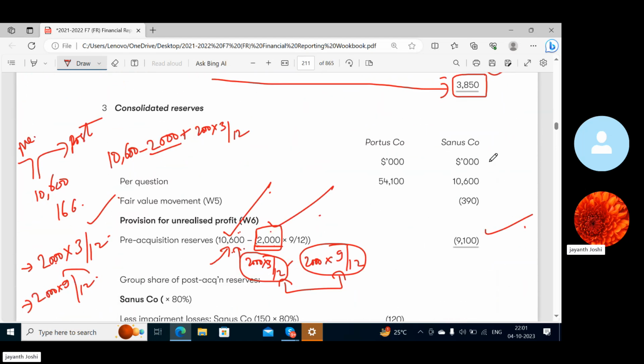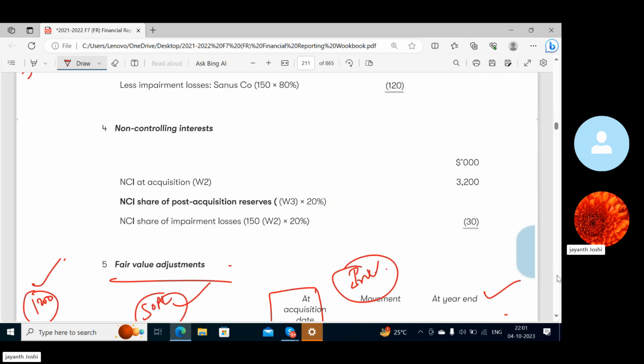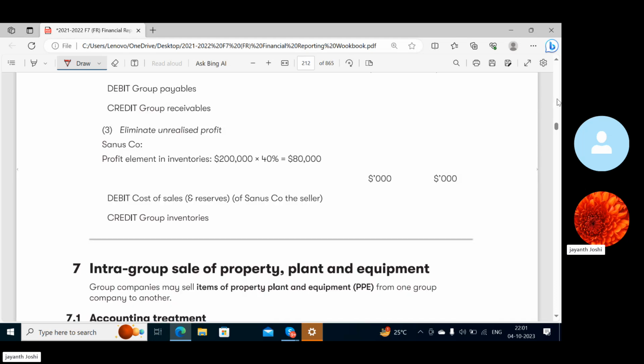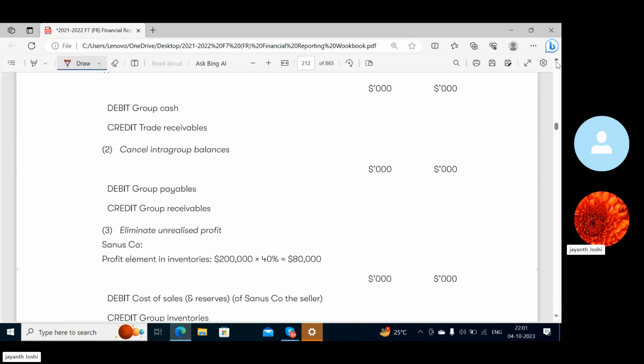This was the reserves of the subsidiary company, out of which the fair value movement is removed. But why I'm taking this is the goodwill one, I shouldn't be considering this, because these people have written everything here, so we can take it like that.